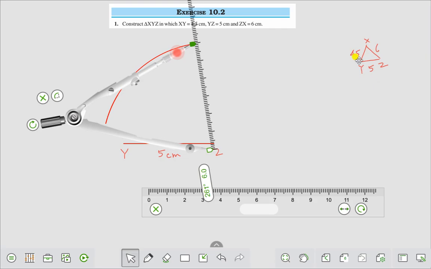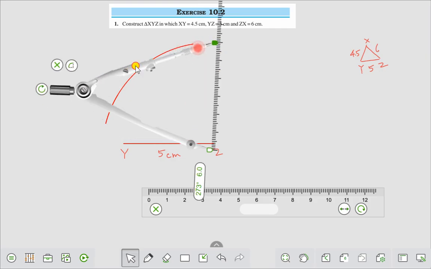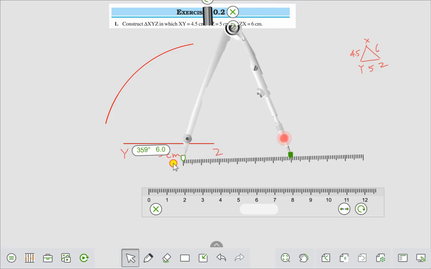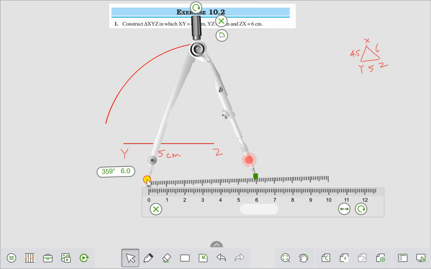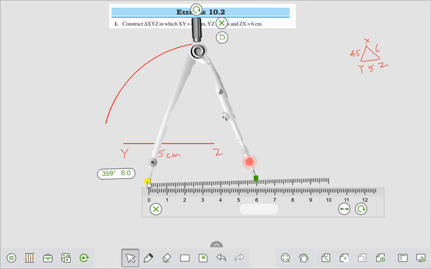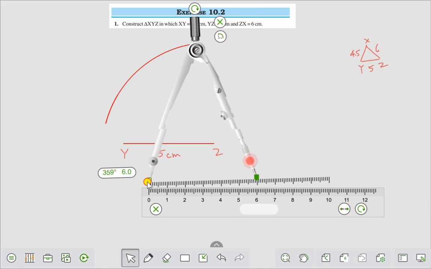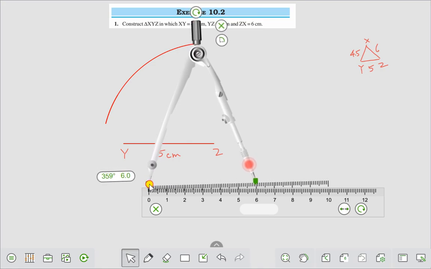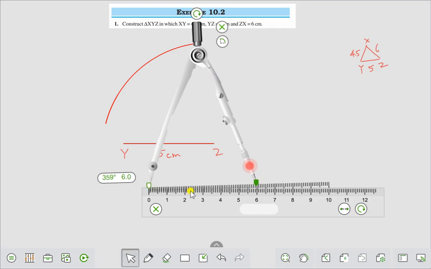Now we take XY 4.5 centimeter. Let us take another measurement, that is 4.5 centimeter. Take this pointer at 0 and this pointer at 4.5 centimeter.